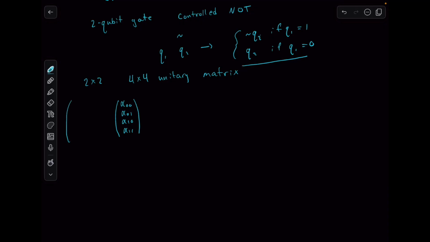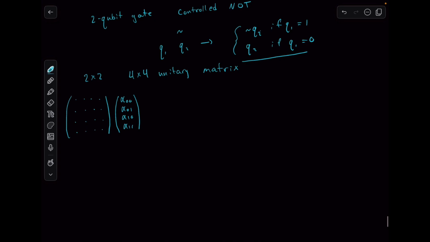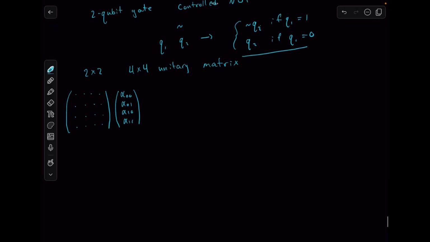And now we want to think about how we can design this 4x4 unitary matrix that's going to act on this state. And let's first convince ourselves that when we do implement this, it'll be reversible, so that we can actually make it unitary.